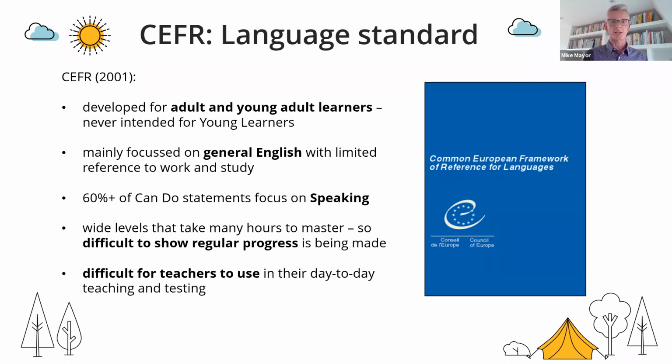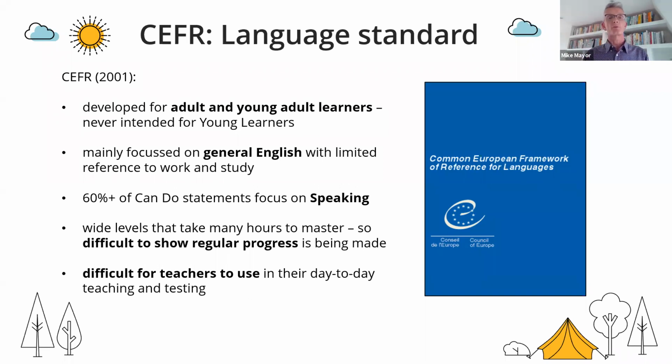But if we've got anybody on the webinar today who teaches young learners, you know that actually the reality of learning English for a young learner is quite different to that of an adult. They're not really going out into the real world using their English. Their frame of reference is really the classroom and interactions with their classmates and with the teacher. So quite a different context for learning English in.